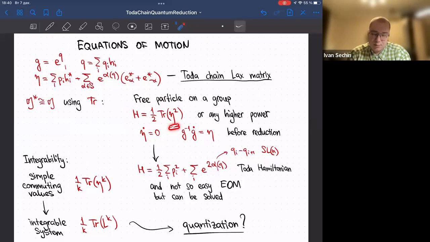Just eta, no g, and we can consider any trace of eta in any power here. And we have simple equations of motion, and now we can solve it.